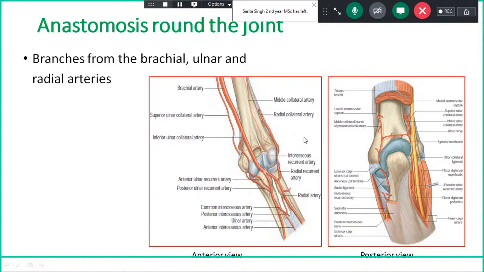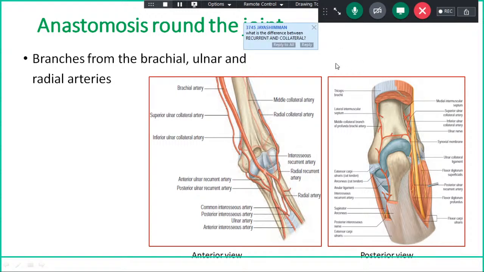So why do we have the anastomosis around here? When you flex the elbow, what happens? There is kinking of this. Recurrent means something which reoccurs.